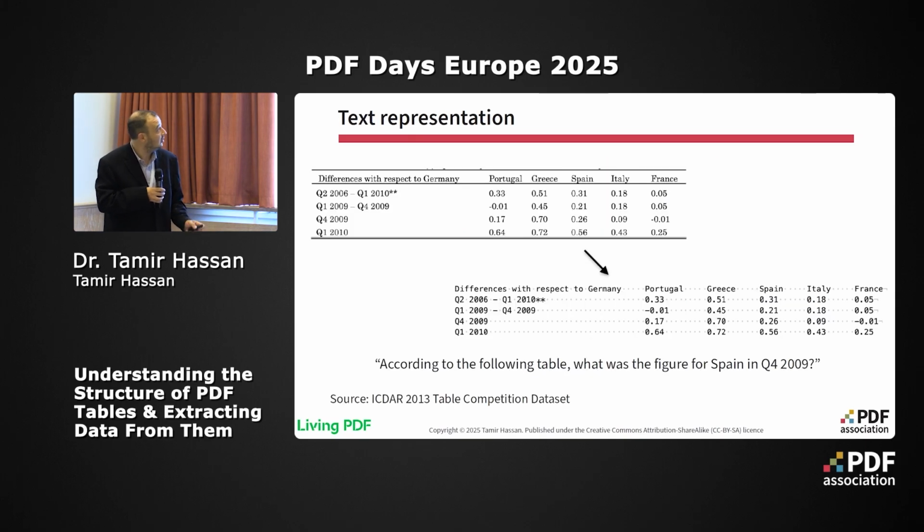So this might look like this, for example. And that can work quite well, assuming that the table has been cleanly extracted, but if there have been errors, they propagate.